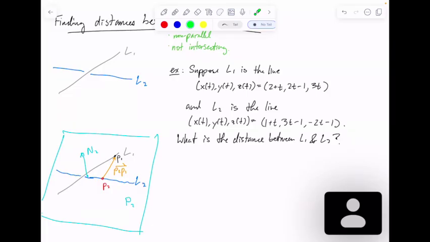All right. So the construction is basically, once you find a normal vector to both of these lines, then by taking any vector from any point on line 2 to any point on line 1, you could always project this vector onto this mutually normal direction. And this mutually normal direction has to give the shortest distance between these two lines. Yeah, apologies for not drawing this very clearly, but that's kind of the strategy here.